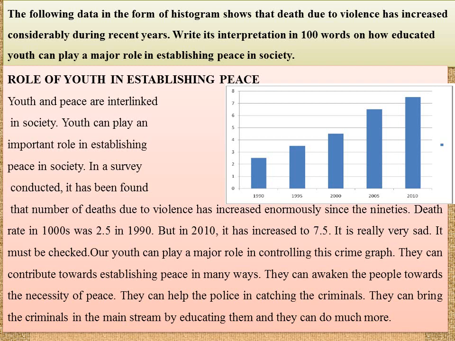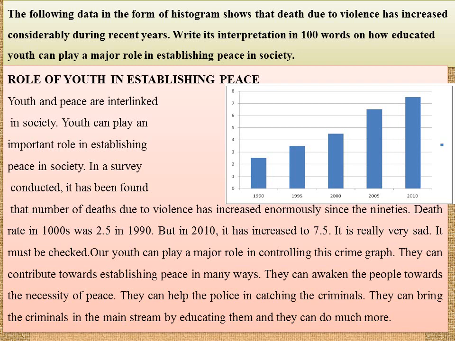You can also explain what happened in 1990, that is, a 2.5 death rate, but in 2010 it has increased to 7.5. So it has drastically increased, and statistically it is very unfortunate that this has reached such a high.